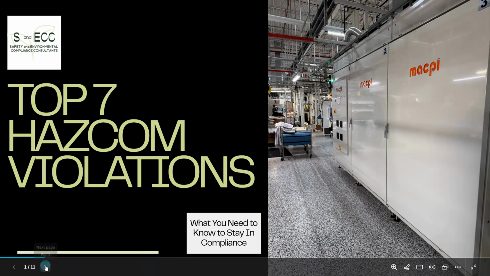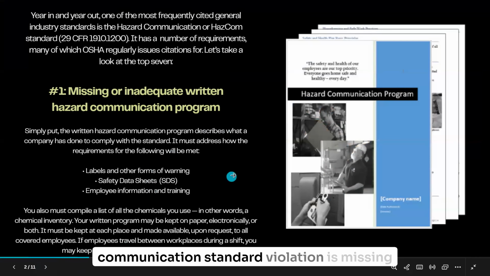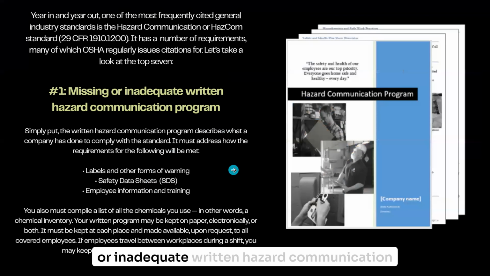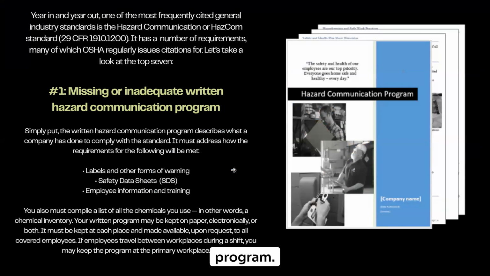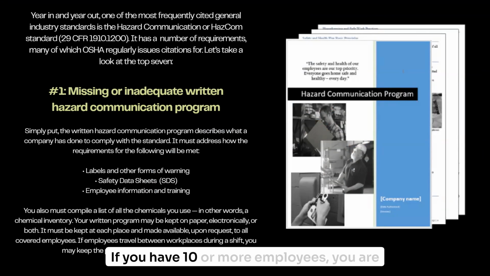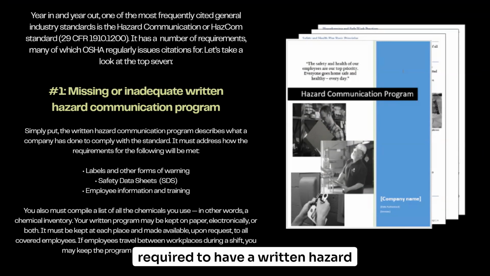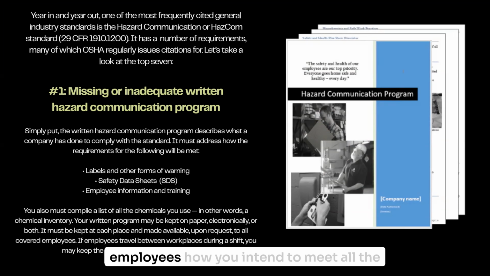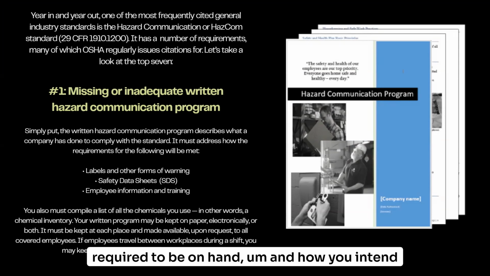So number one, hazard communication standard violation is missing or inadequate written hazard communication program. If you have 10 or more employees, you are required to have a written hazard communication policy that tells your employees how you intend to meet all the regulations regarding labeling of chemicals, safety data sheets that are required to be on hand, and how you intend to cover employee information and training.